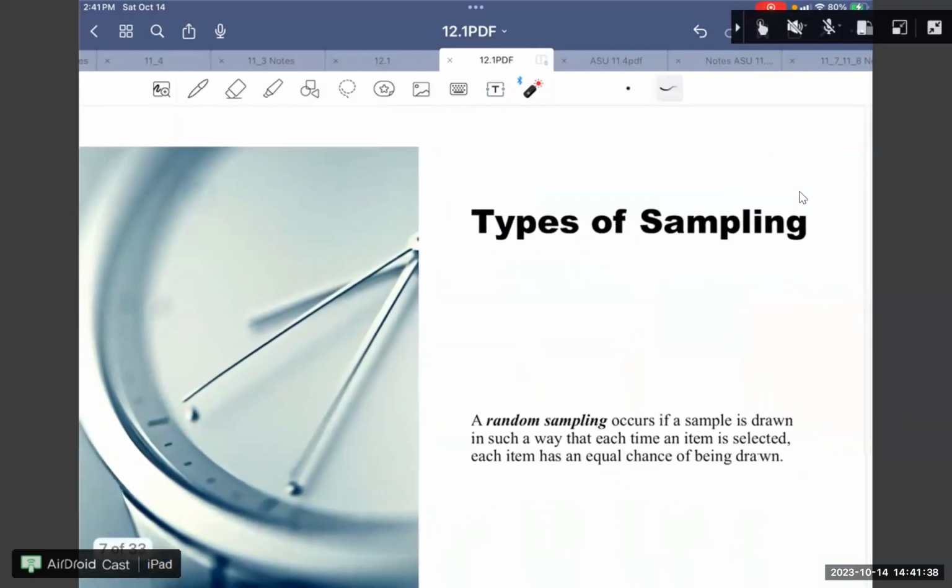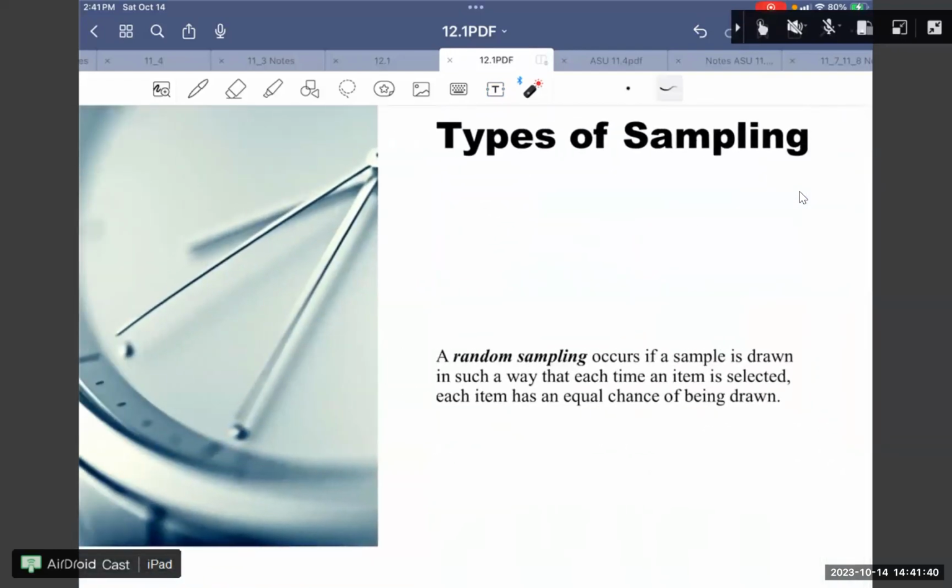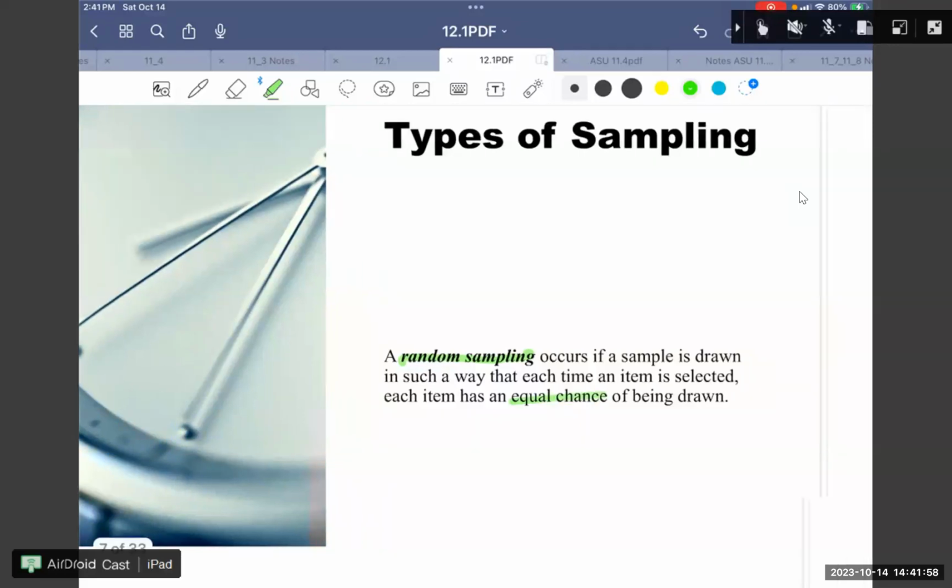So types of sampling: the random sample. Random sampling occurs when a sample is drawn in such a way that each item has an equal chance to be drawn.